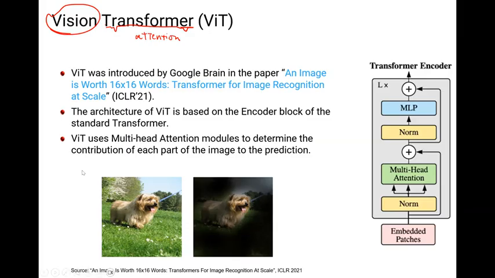So here, let me use the highlighter. You only have the encoder. It doesn't contain the decoder. And of course, it is multi-head attention, just like what we have talked about.